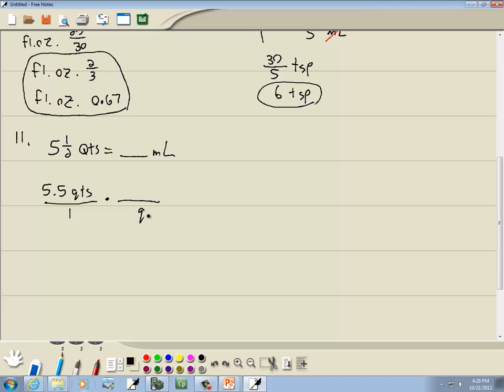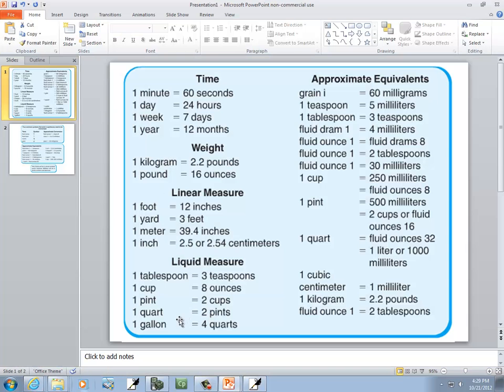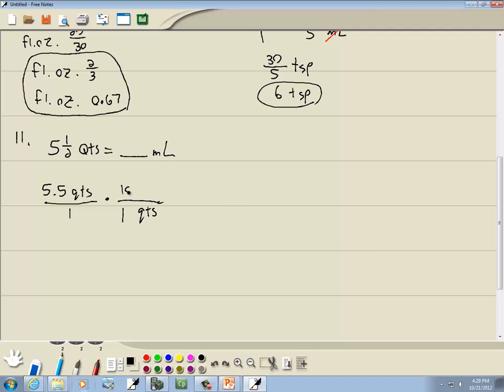If that's quarts, then we have to put quarts down here. 1 quart is 1,000 milliliters. There's a tie. These quarts will cancel. And we got 5.5 times 1,000. That would be 5,500 milliliters if I plug in my calculator.